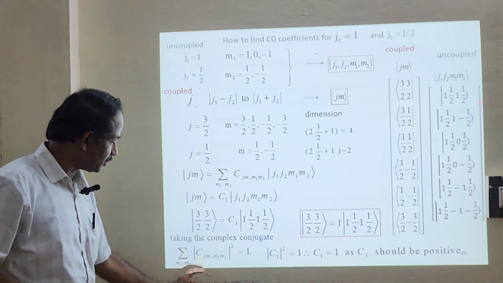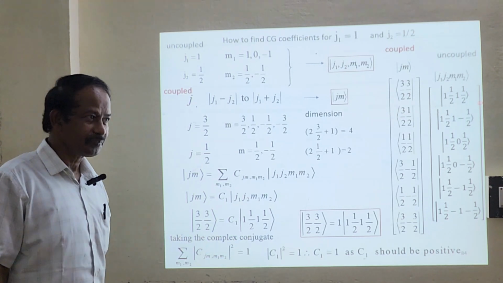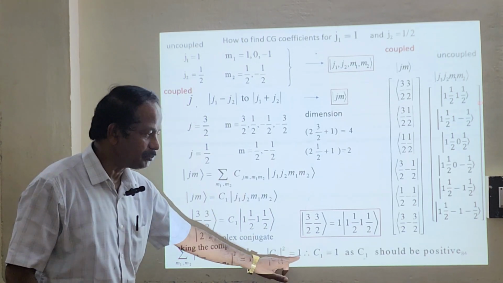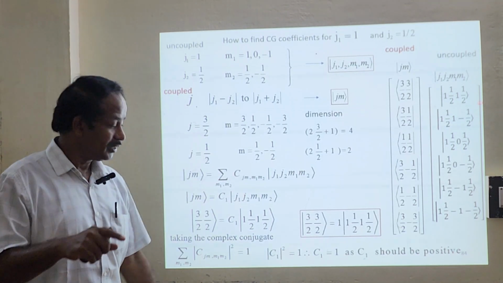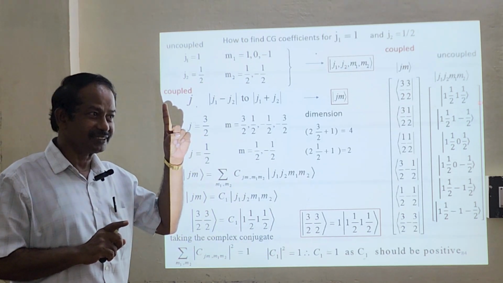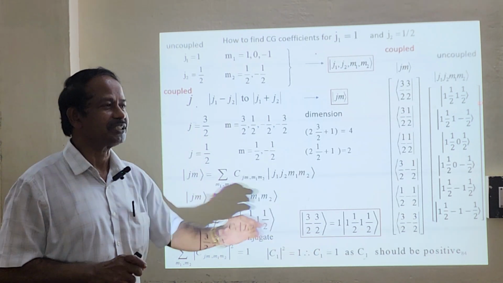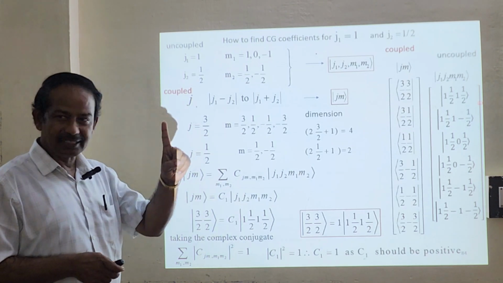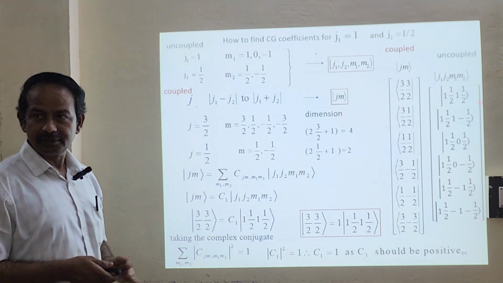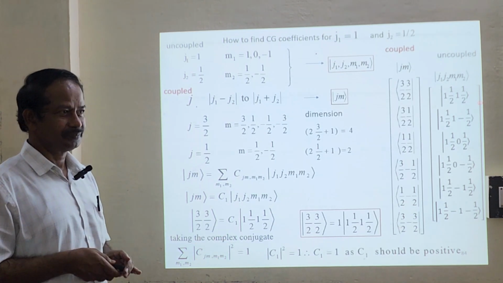C1 star multiplied by C1, so that will give you mod C1 squared. Clebsch Gordan coefficients are real numbers, as we said, so we should not have any minus value. So C1 will be 1, a positive value. So we have calculated the first Clebsch Gordan coefficient C1. Is it okay? Simple one.